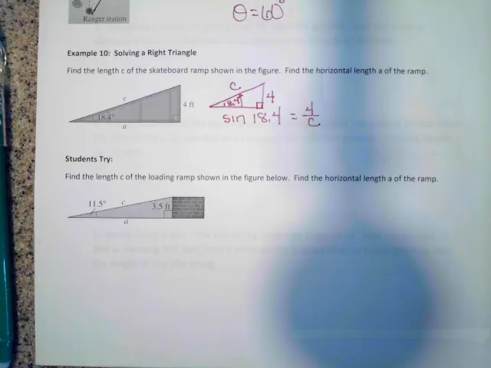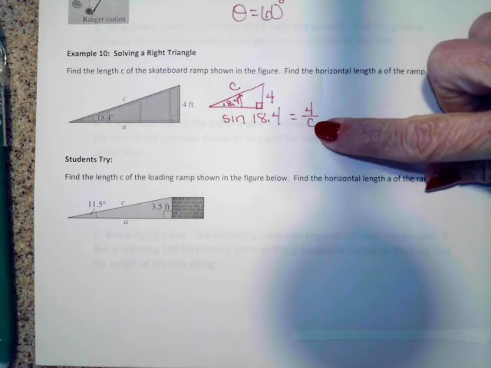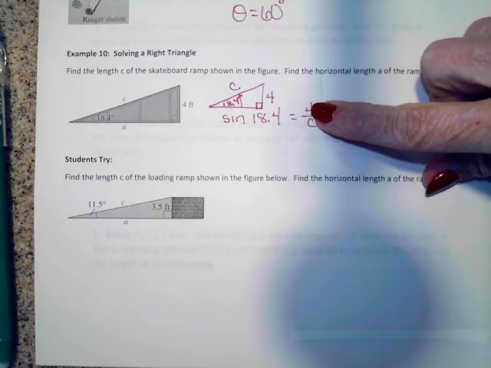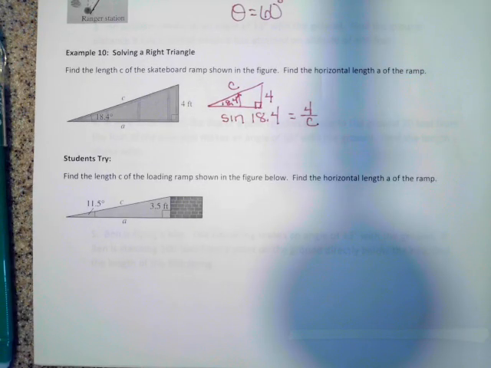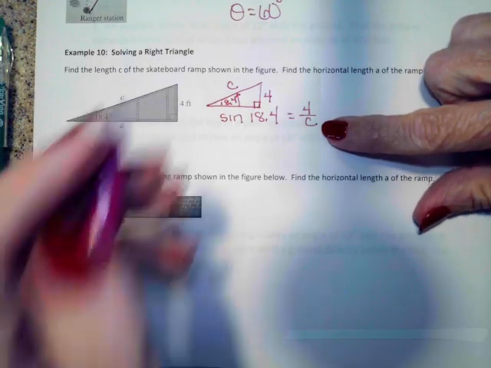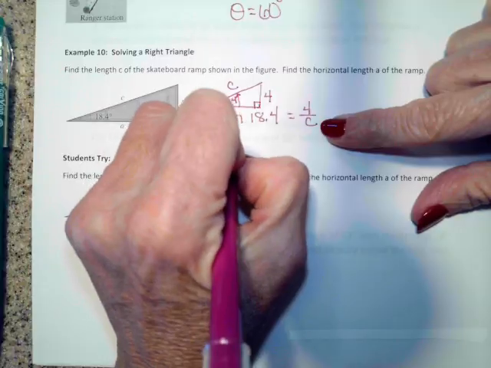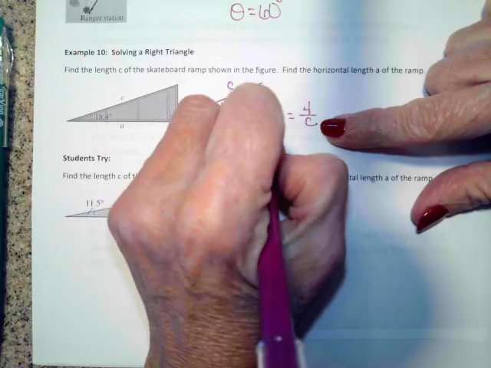Now this problem's a little bit different than the other ones. In the other ones we had the number in the denominator and our variable was in the numerator. This time it's the other way around. So we first need to multiply by C to clear our denominator.